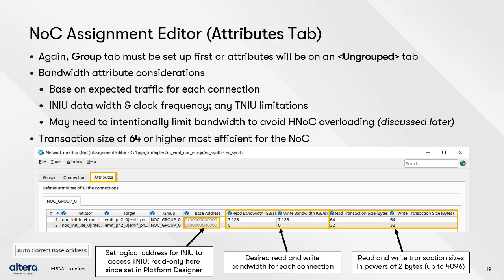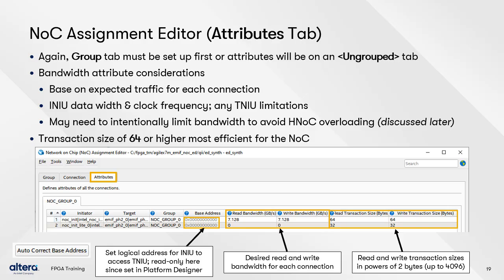Much like Platform Designer, there is an Auto-Correct Base Address button to quickly set non-overlapping address spans for INIUs that connect to multiple TNIUs. The remaining attributes set the desired read and write bandwidth for each connection and the read and write transaction sizes to use.